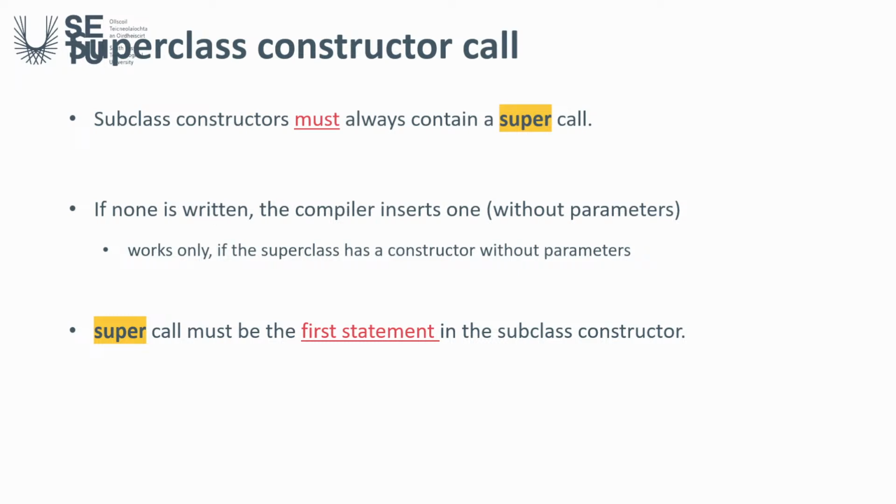It can't be second, it can't be in the middle, it can't be at the end. In our subclass's constructor we always have to call the superclass, because we always have to create the object, and when we create the object, we need to use the fields from the general class, the superclass.